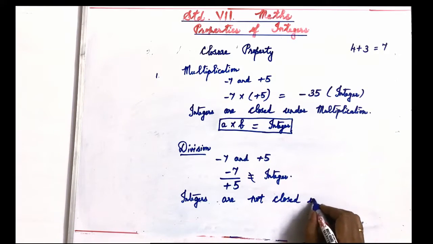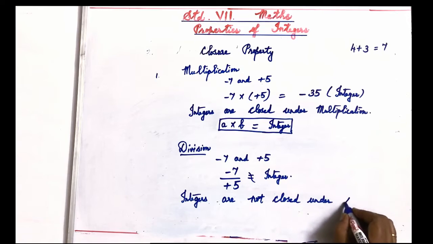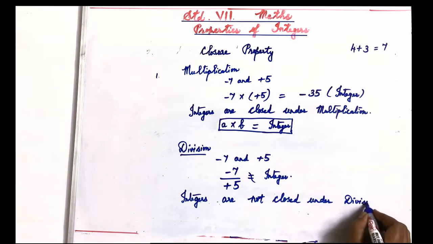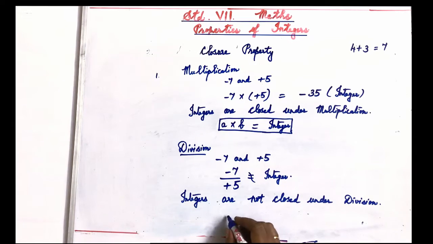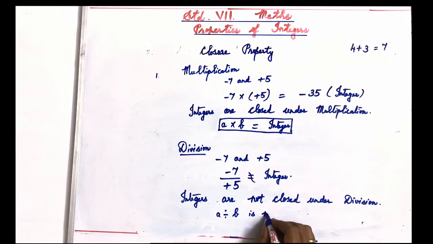Or we can say division of integers is not closed. Therefore, a divided by b is not an integer.